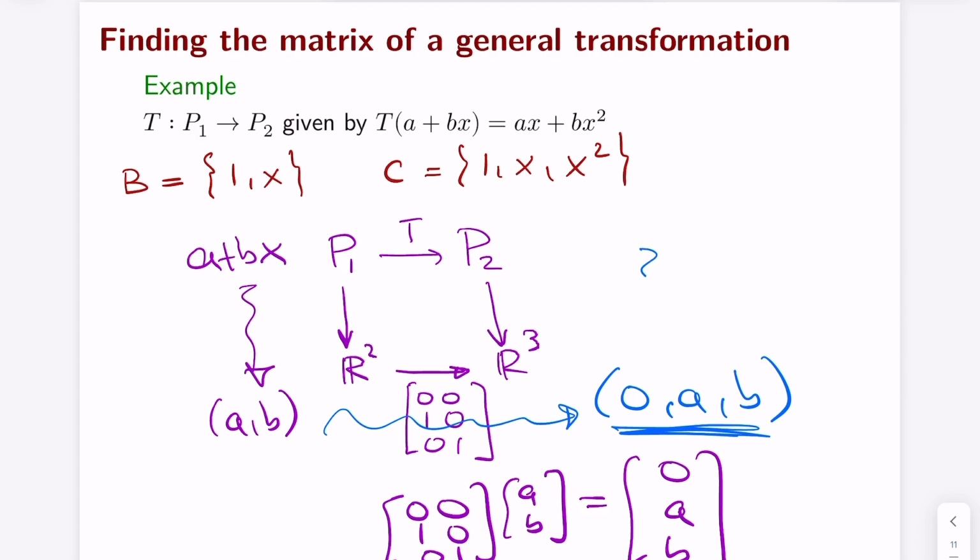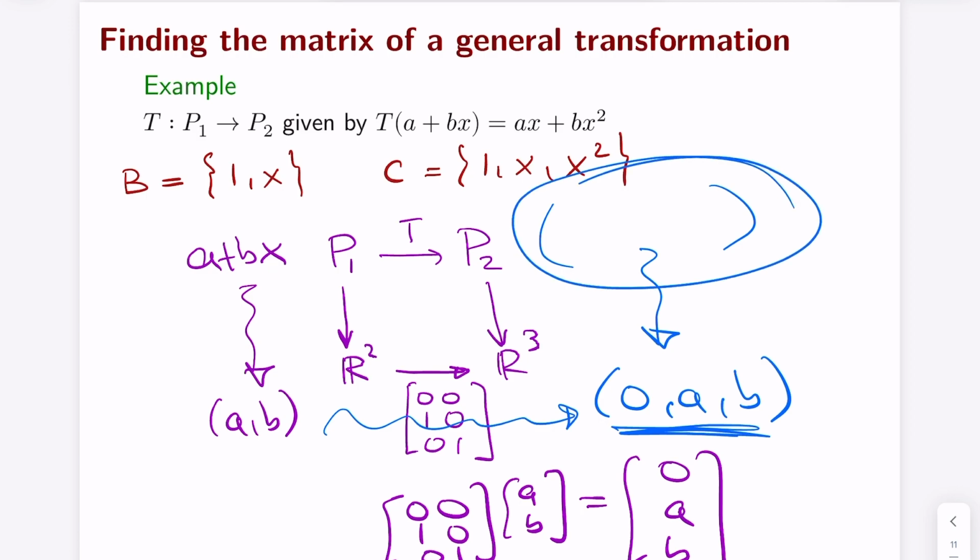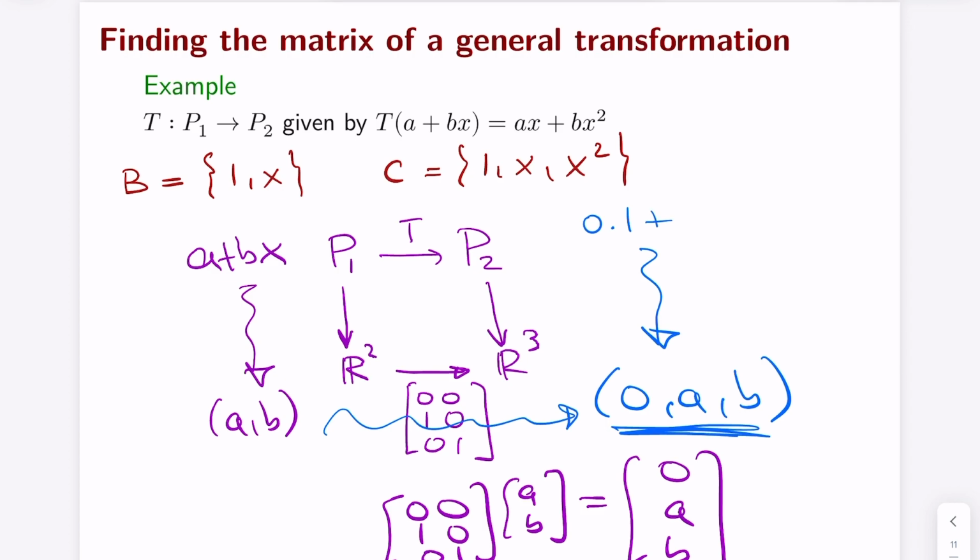So if we want to complete this, where this one comes from here, what is the polynomial that we should put here? Well, in order to get 0, a, b, the polynomial should be 0 times 1 plus a times x plus b times x squared.